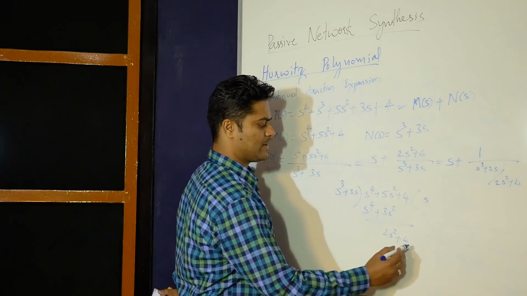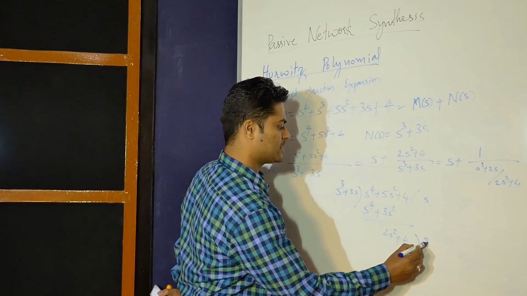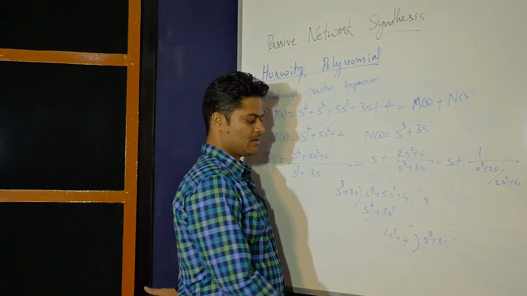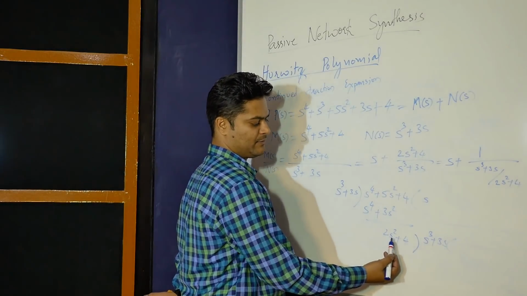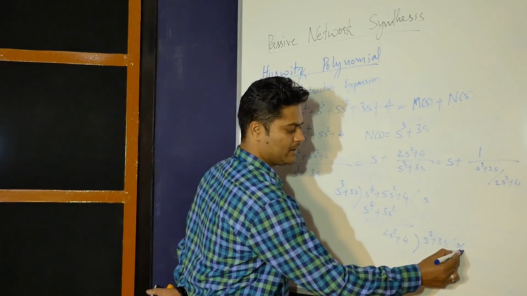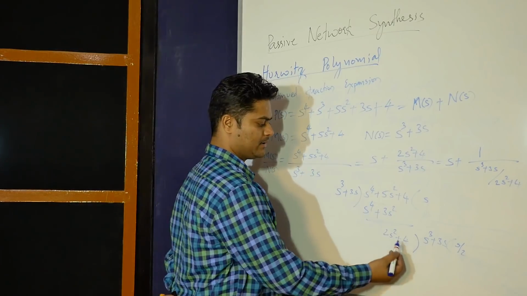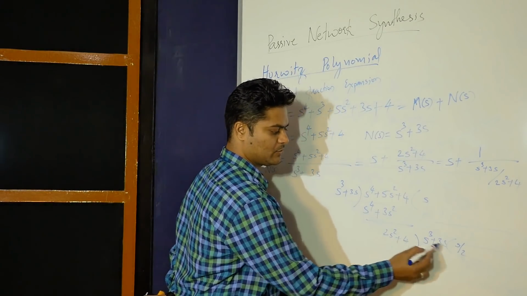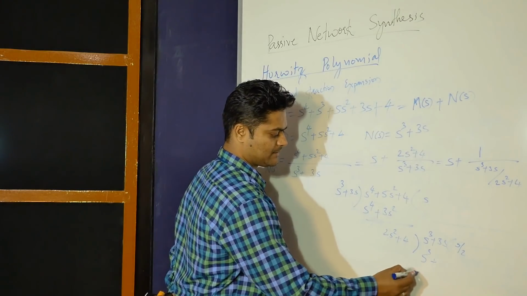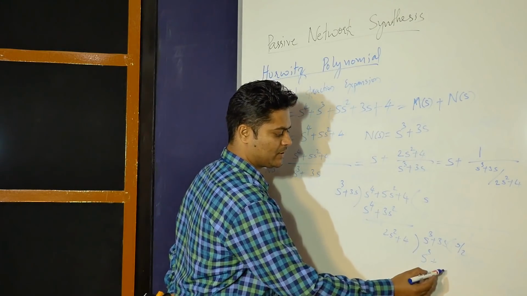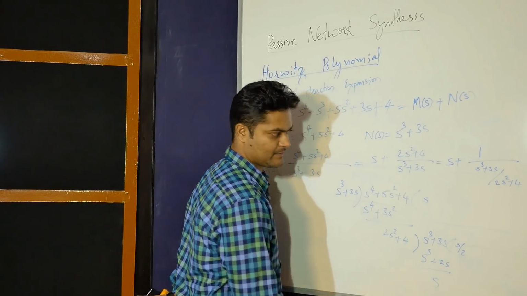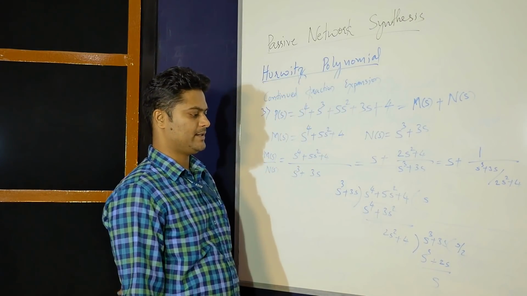To get s cube we multiply 2s square by s by 2, giving s cube plus 2s, and the remainder is s.